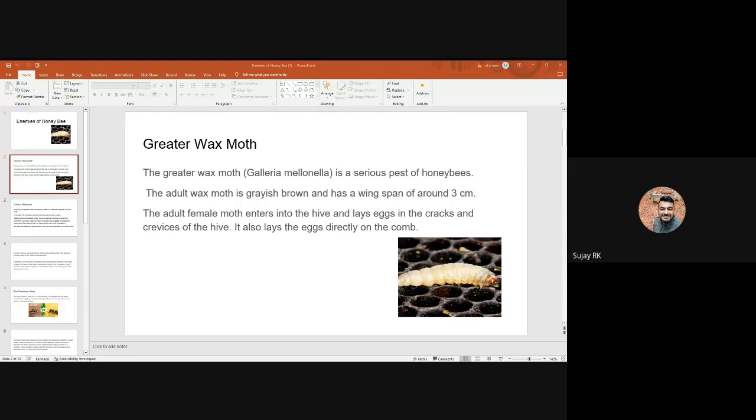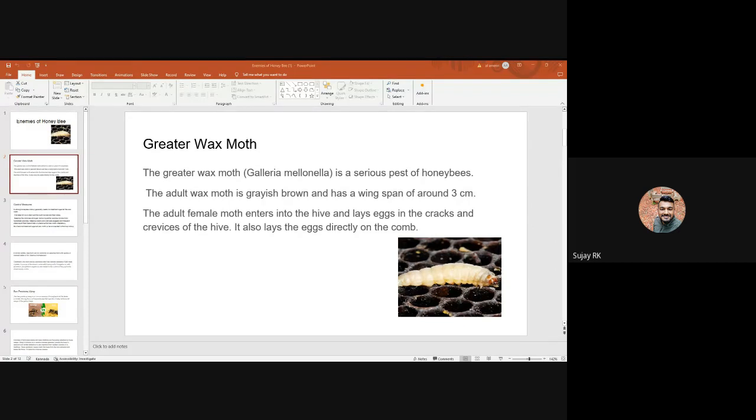When it comes to domestication, the controlling measure for this greater wax moth is keeping the colony stronger. What happens is when the colonies are stronger, the honeybees themselves fight against these wasps and send them out. But when the colonies are weak, and the dominance of the moth is more than the honeybee, then it starts affecting the honeycombs.